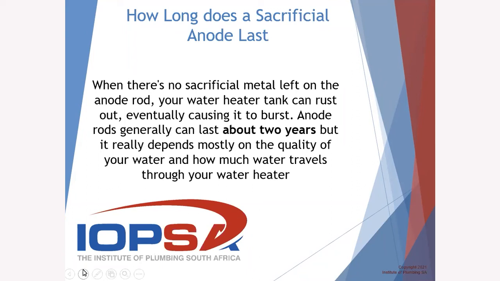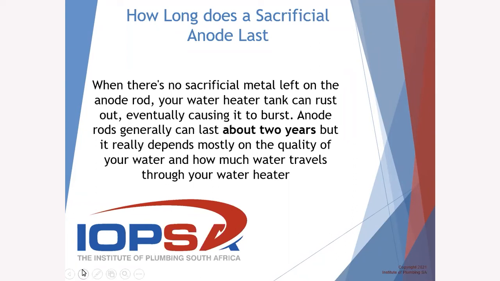So if you are in maintenance, just check with the relevant Geyser manufacturers, the service departments in your area, and find out from them what the general lifespan of an anode is in your area, and whether there are any areas that are harder or softer than others. And that way you keep a log of Geyser replacements or anode replacements, and you'll know when you need to do anode replacements.